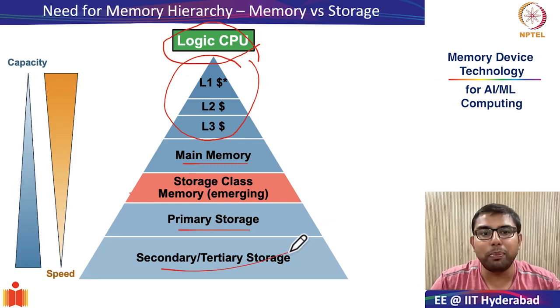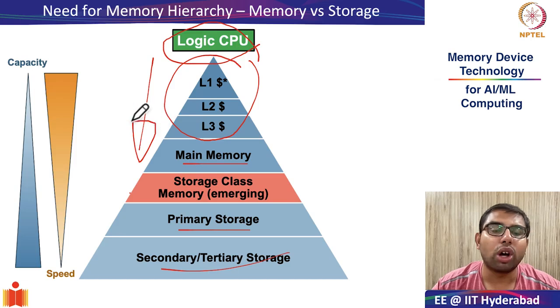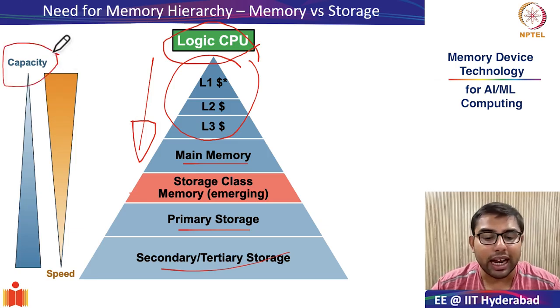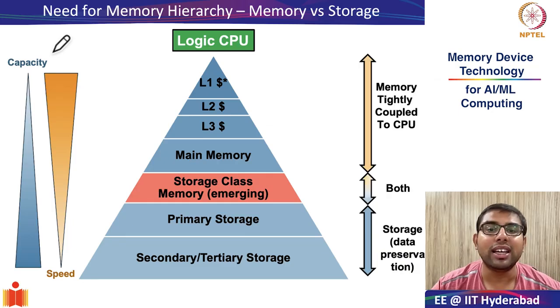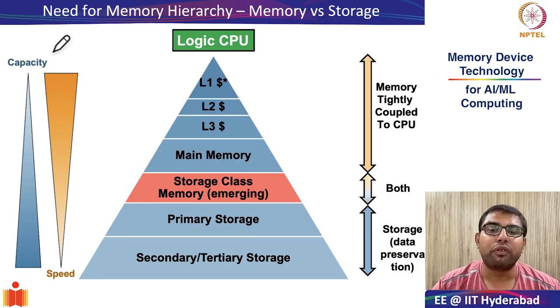They are arranged in a pyramidal fashion to indicate that as you move away from the logic CPU, you are compromising on speed to gain on capacity or bit density. This is why we had to decouple memory from storage in our definitions.